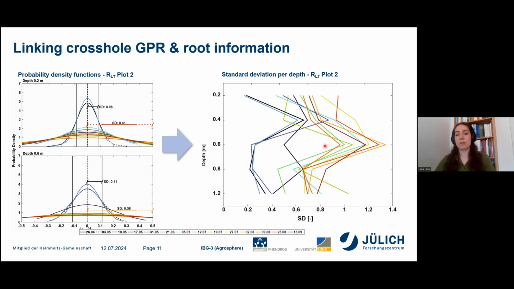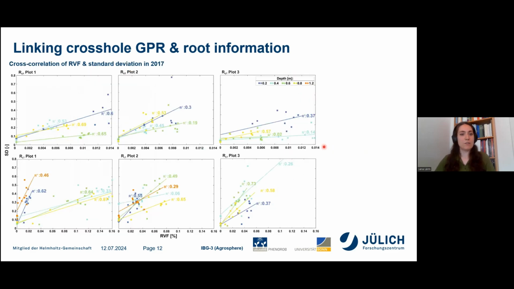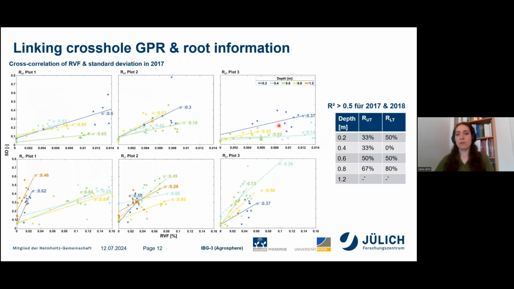And this is what we use in the next step for our correlation that you can see here. We always have a positive correlation. And to give you a bit more insight into this, I counted the R squares that are above 0.5 for the 2 years, for the two facilities separately and for the different depths.